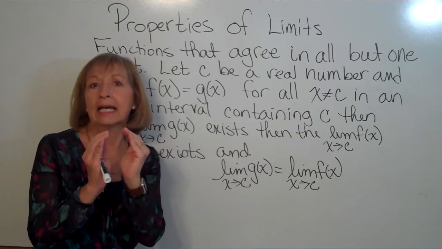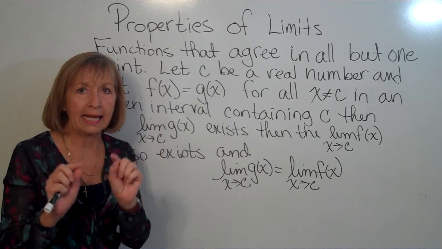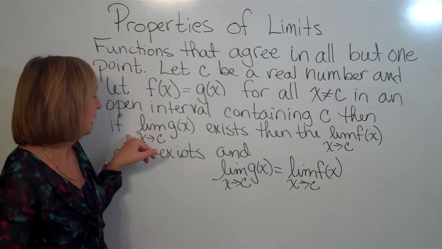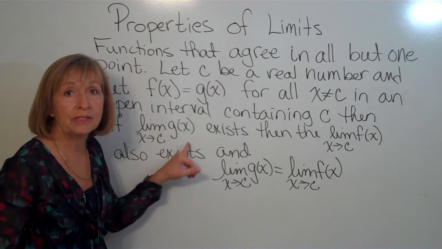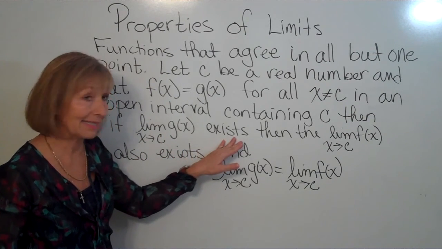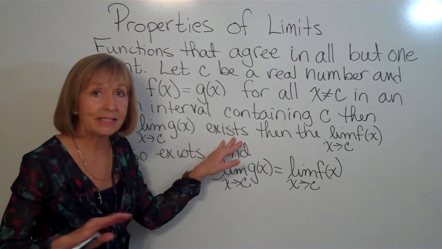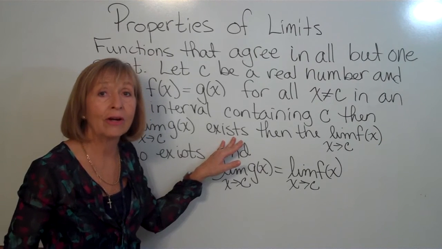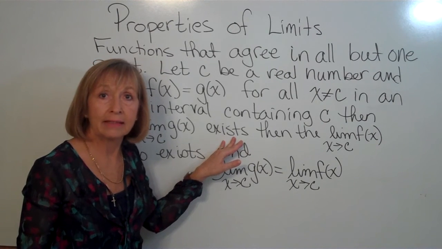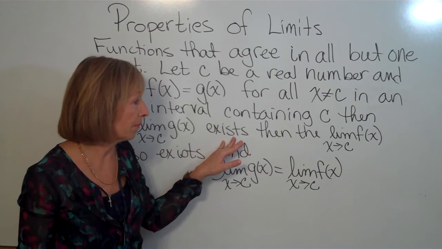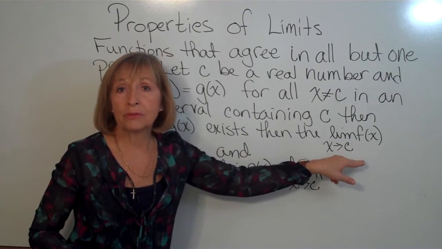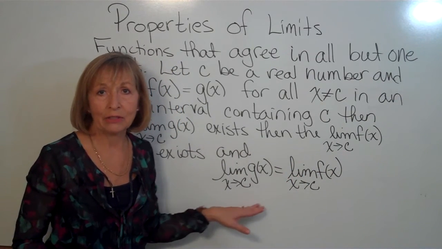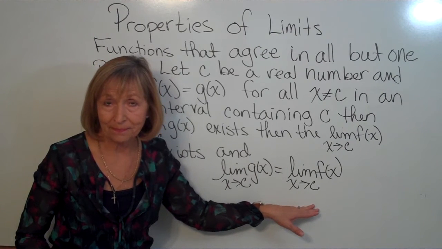As long as I can get on either side of the c and I can look at whether those functions agree in that interval, then if the limit as x approaches c of g of x exists, meaning it doesn't have unbounded behavior, oscillating behavior, or a left hand and a right hand limit being different numbers, then the limit as x approaches c of f of x also exists, and those limit values will be the same as each other.